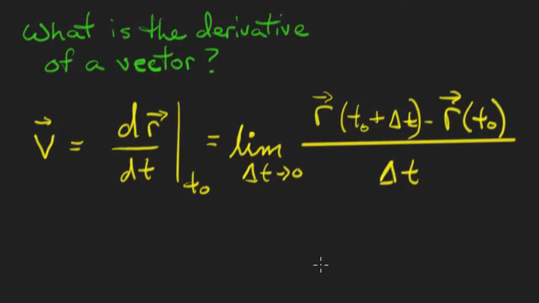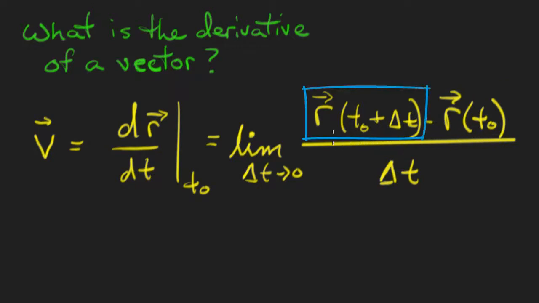Now, you will recall the definition of the derivative of the position vector. We're taking the derivative and evaluating at, let's say, the current time t0. In this definition, in the numerator, I have two position vectors. The second one is the position vector at the current time.